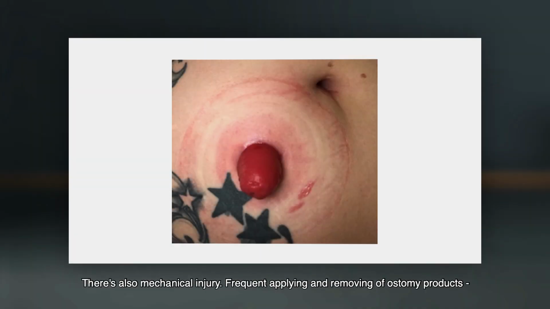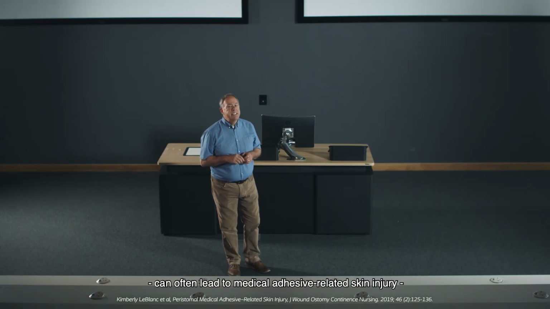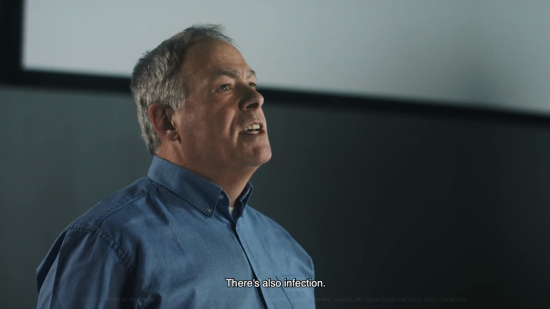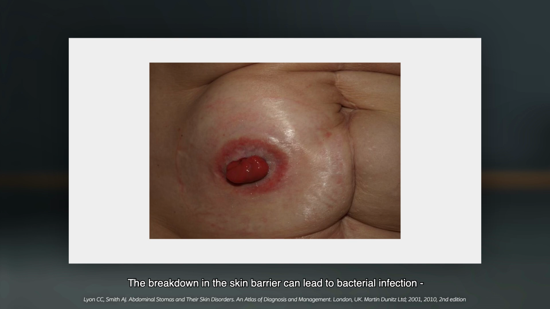There's also mechanical injury. The frequent applying and removing of ostomy products can often lead to medical adhesive-related skin injury, now called MASI. There's also infection. The breakdown in the skin barrier can lead to bacterial, fungal, or viral infection.